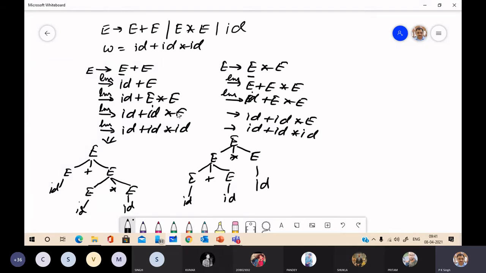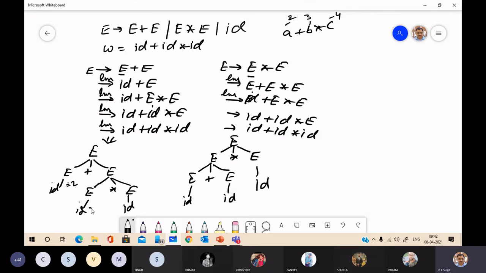See, the grammar is the same. You are generating the same string, and the same leftmost derivation is producing two different syntactic structures. Two different syntactic structures mean two different meanings. Suppose it is A plus B into C, where A is 2, B is 3, and C is 4.